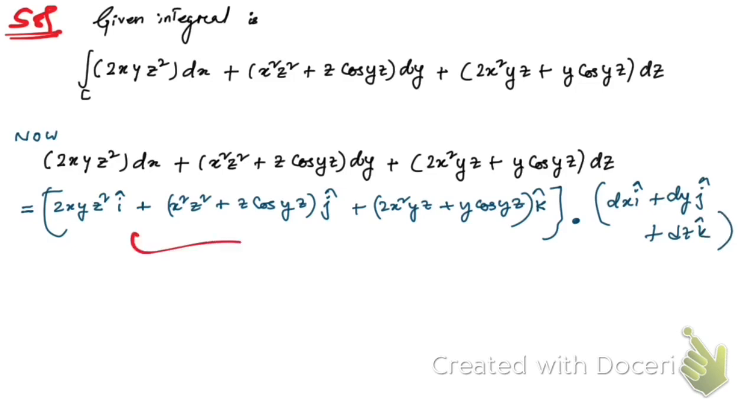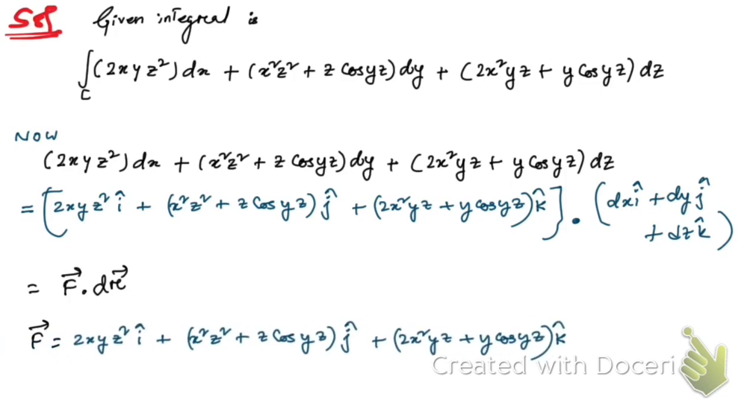Now you see, let us take this part as vector f and this one as vector dr. So we can write this as f vector dot dr vector, where vector f is nothing but this part, and vector dr is equal to dx i cap plus dy j cap plus dz k cap.